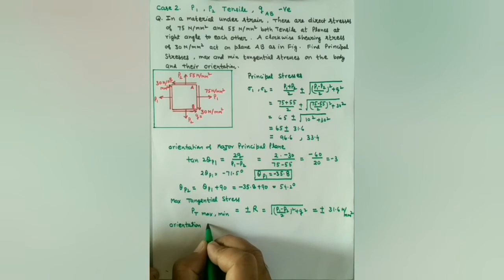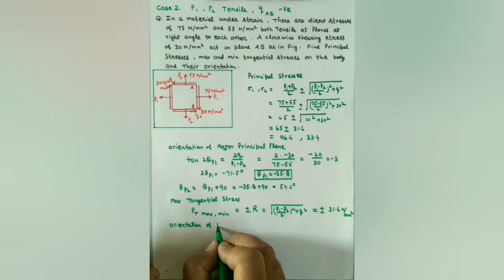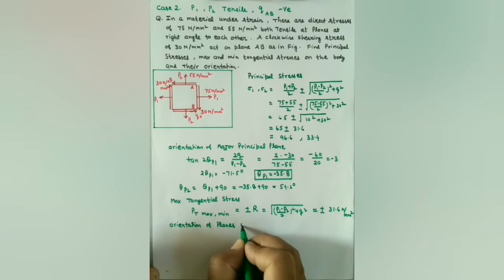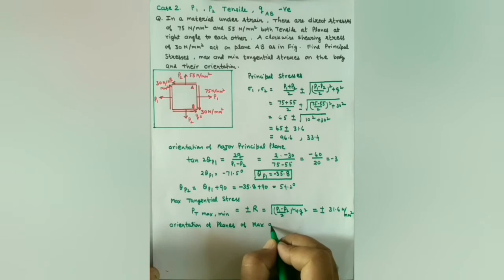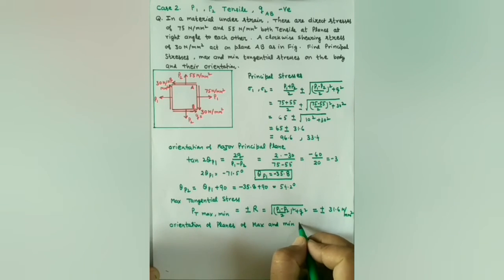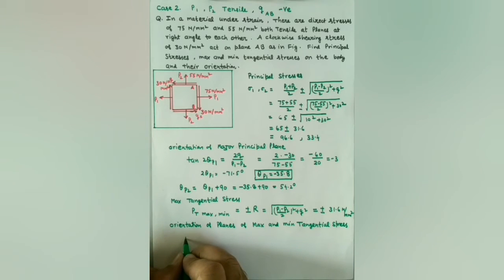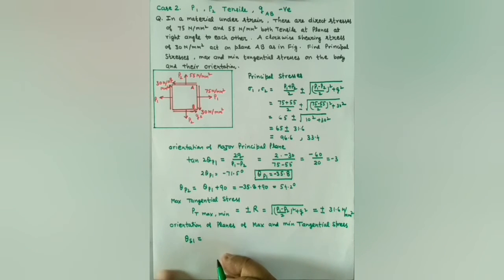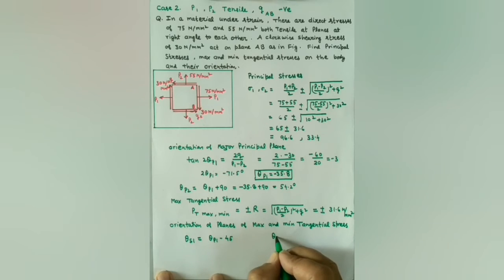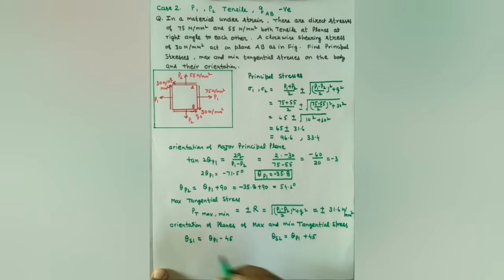And the orientation of the planes of maximum and minimum tangential stresses, theta S1 and theta S2, are related with theta P1 such that theta S1 equals theta P1 minus 45 and theta S2 equals theta P1 plus 45 degrees.